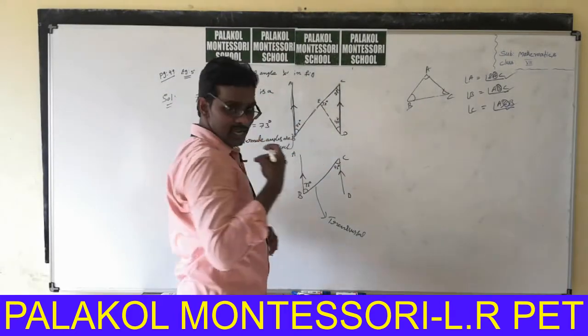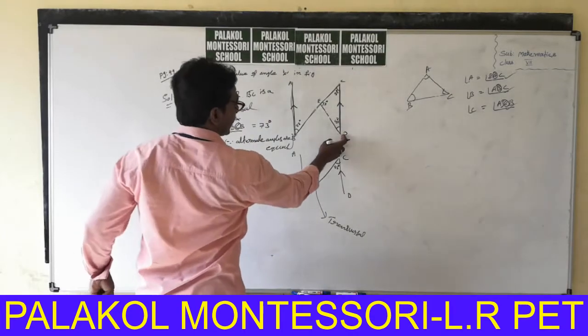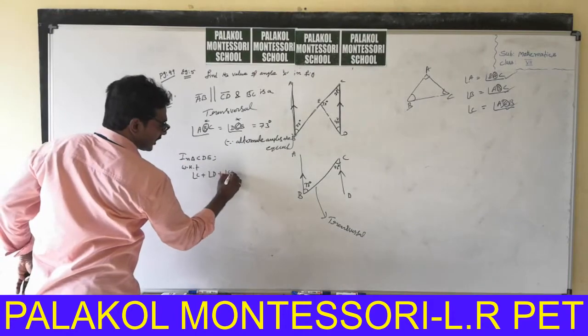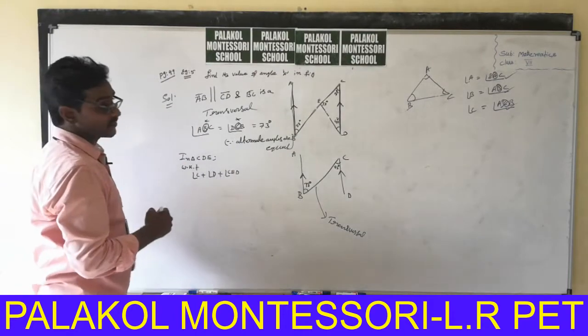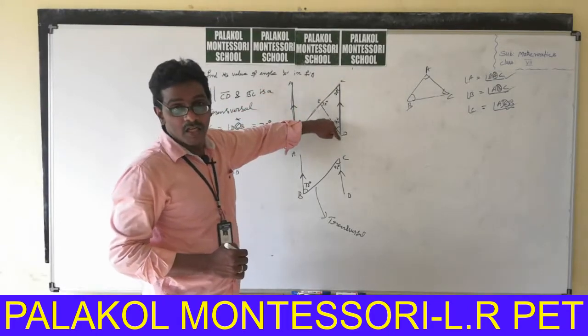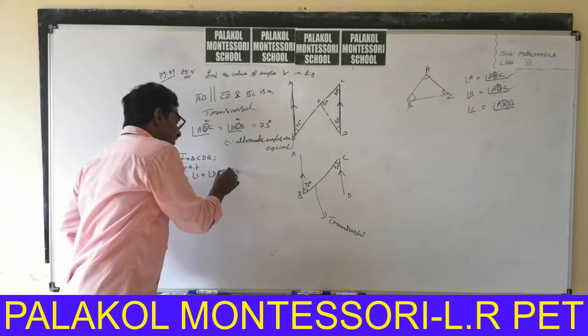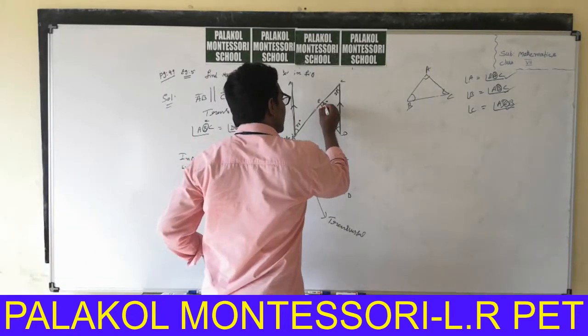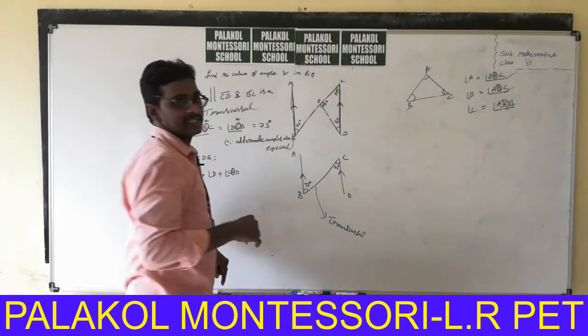That is why I write angle CED. The middle letter is E, which means E makes the angle that you are considering.